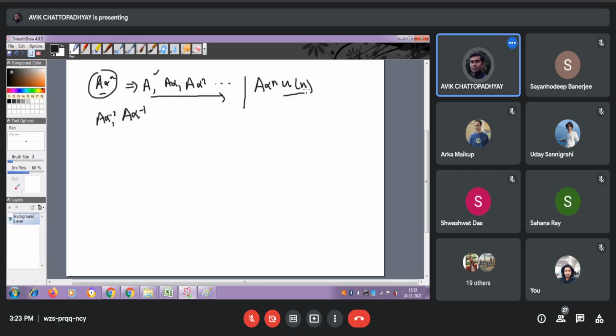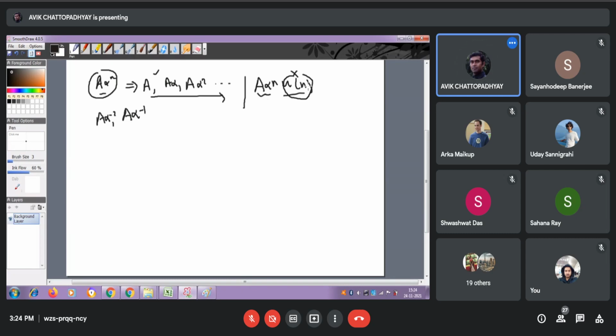If you multiply it by u[n], it clearly indicates that this is a right-handed signal starting from n equals 0 and going towards plus infinity. Simply multiplying by u[n], you get this information. But if you don't write u[n], then there will be some ambiguity. In general, you can say in that case this is a both-sided signal because nothing is written.